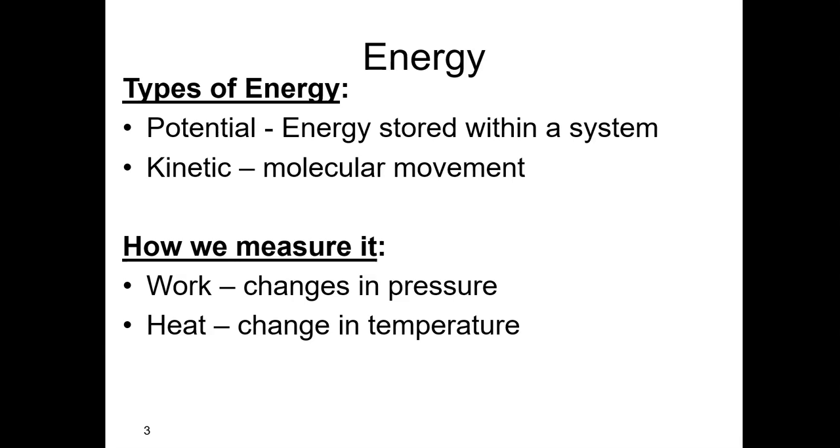But in chemistry, we measure these things based on pressure changes, so changes in work and then changes in heat, typically more so than the velocity something is moving at or the weight, because in chemistry sometimes it's hard to see how fast molecules are moving or to know how much each individual atom is going to weigh at any given time.